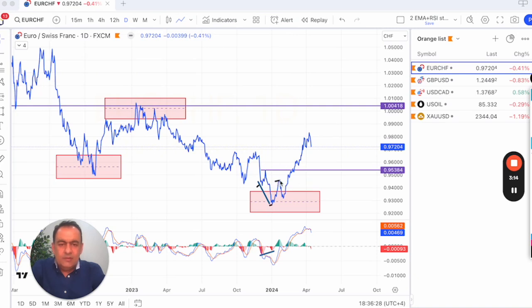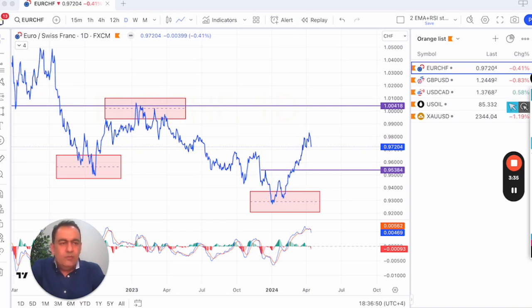Now we have a sequence of high, higher high, higher high and higher high, followed by higher lows. So on the weekly chart we found bullish divergence, on the daily chart we found bullish divergence followed by breaker structure and higher high pattern. So the chart becomes bullish on the daily time frame.